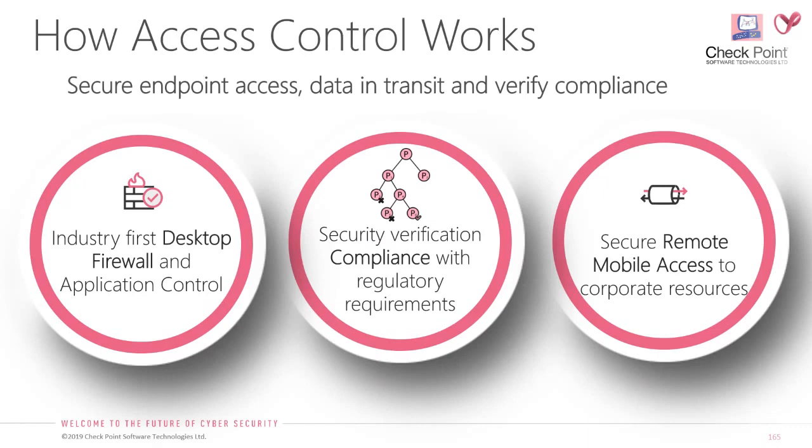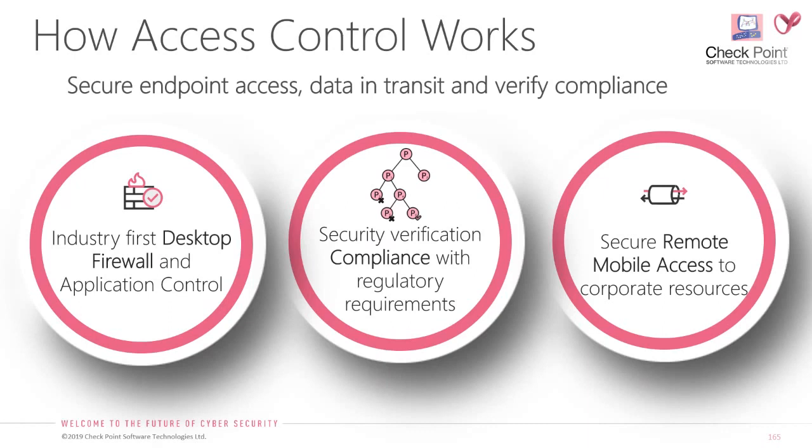So if compliance check fails, you will be isolated from the network automatically. You can't connect to any SSL VPN, or any IPsec VPN client to the corporate resource, and secure remote access to the corporate office. This happens through the compliance checking.